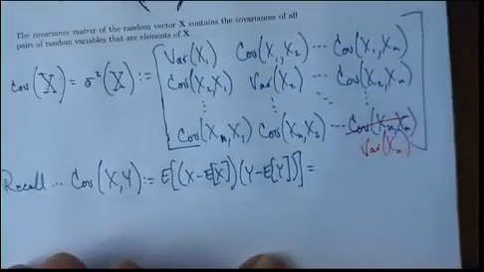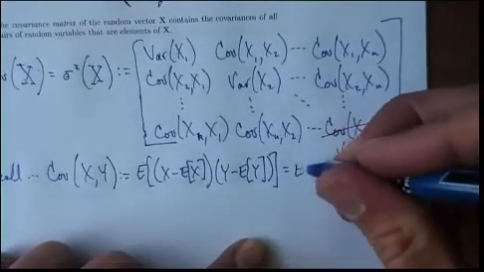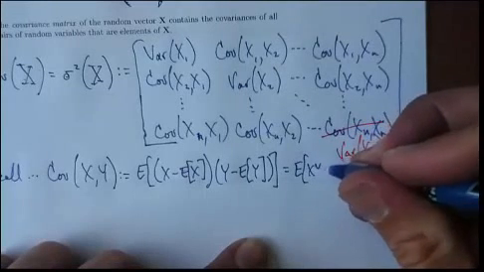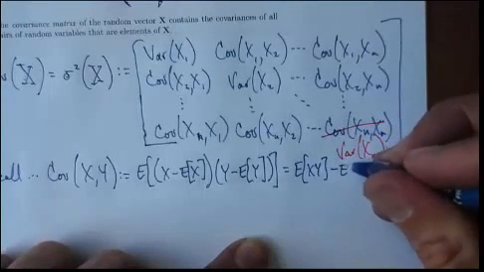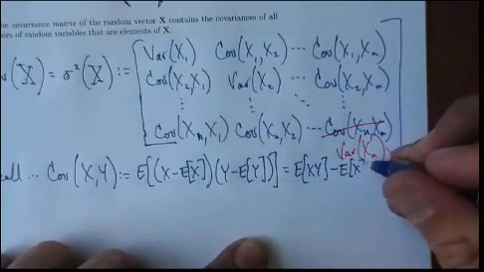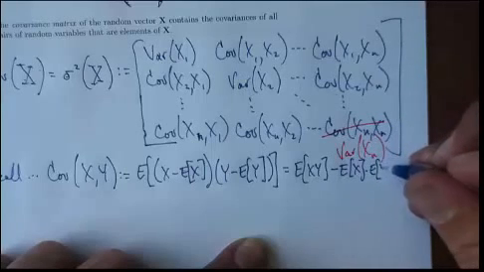And it turns out, after a little algebra, this is the expected value of x times y minus the expected value of x times the expected value of y.